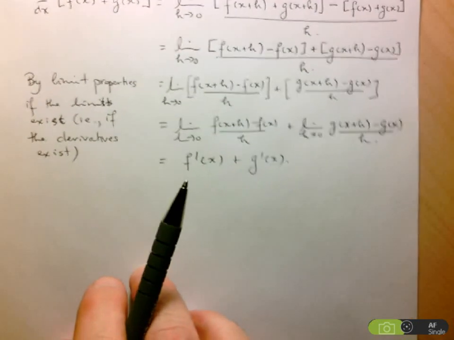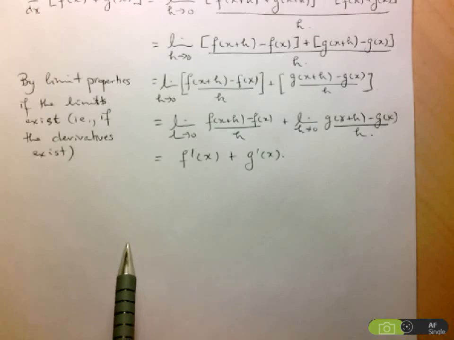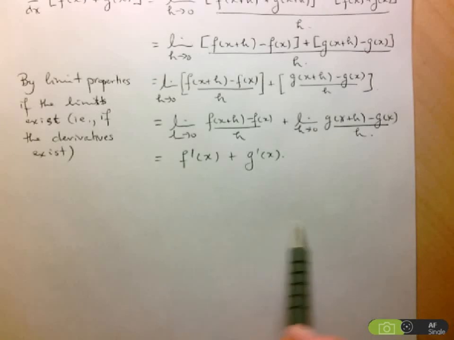So slowly we're getting to the point where we can definitely find the derivative of any polynomial function. Because what is a polynomial function made up of? Well, it's just some exponent of x times a coefficient, plus or minus other terms.